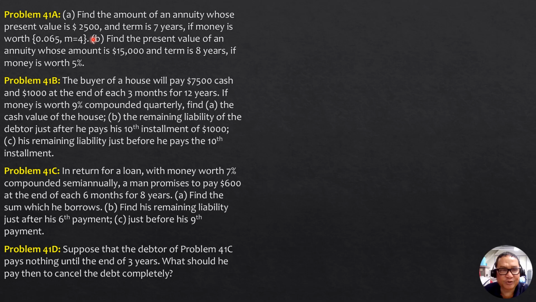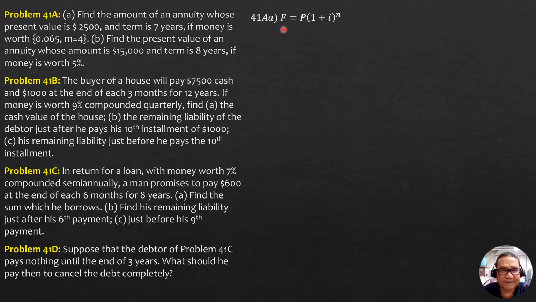So that is future worth equals present worth times quantity 1 plus i to the n, where n is 4 times 7, or 28, and i is equal to 0.065 divided by 4. So substitute into the formula.